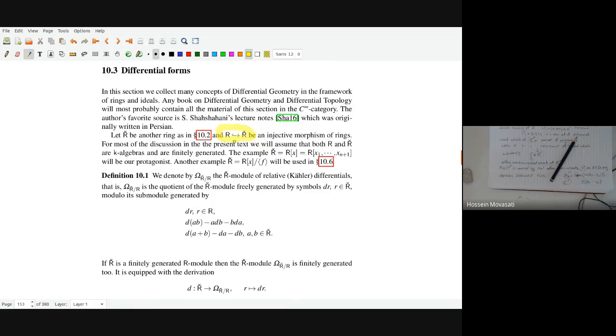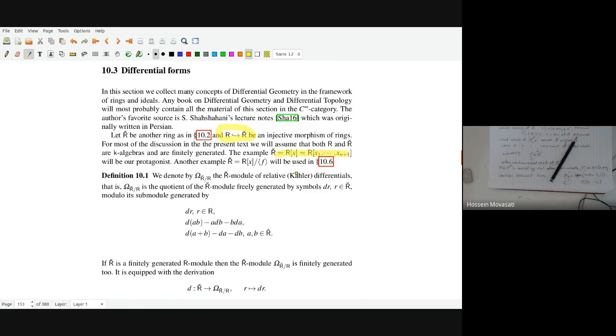Maybe for simplicity, if you want, you take, for example, R any ring, and Ř, just take this ring with x1, ..., xn+1 variables. And this is also our main example.